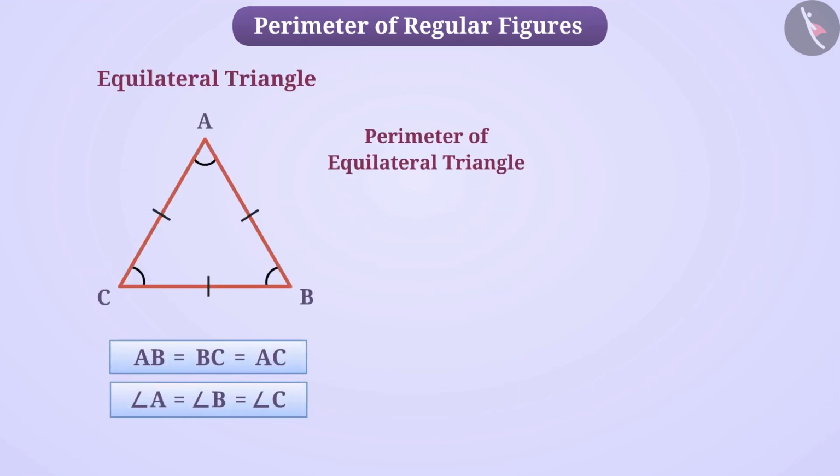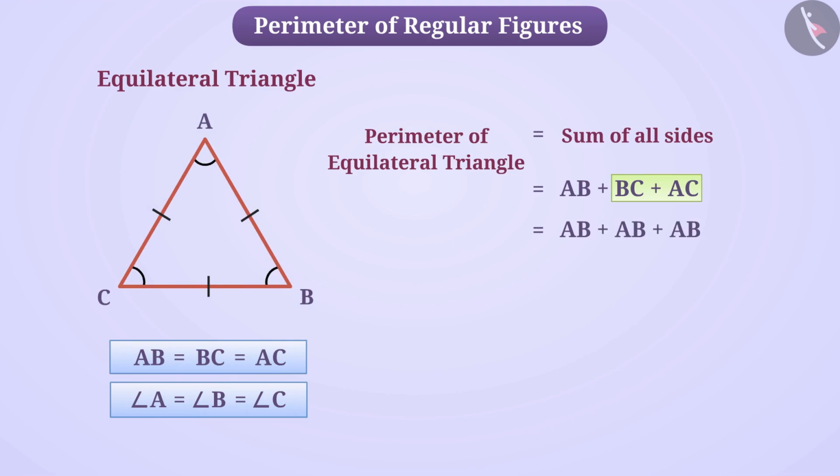Perimeter of equilateral triangle is equal to sum of all sides, that is, AB plus BC plus AC. But in this case, the lengths of all the sides are equal, so we can write AB instead of BC and AC. In this way, the perimeter of equilateral triangle is equal to AB plus AB plus AB is equal to 3 multiplied by AB.